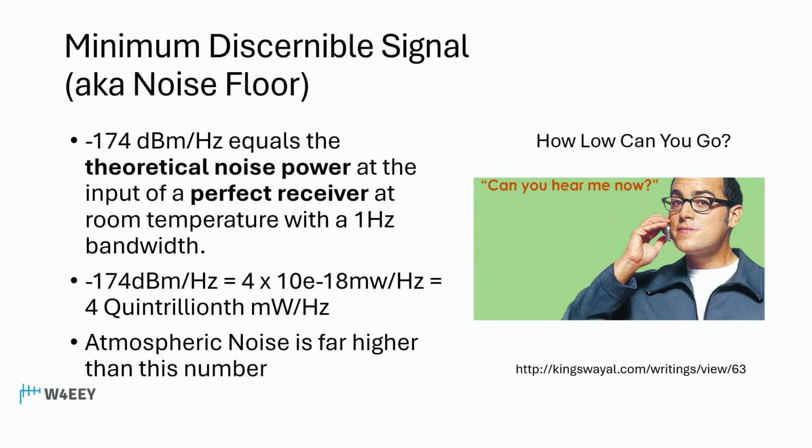That's the input of a perfect receiver at room temperature with a 1 hertz bandwidth. That's 4 quintillionth of a milliwatt. Oh my word. Atmospheric noise is much higher than this number. But keep that in mind, that's a reference level, minus 174 dBm. So we're talking about a 1 hertz bandwidth.